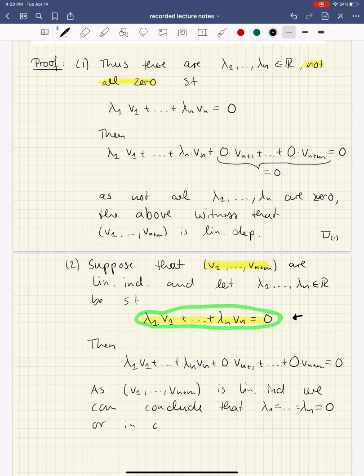Or in other words, the tuple v1 through vn is linearly independent. And this marks the end of the proof of part 2.